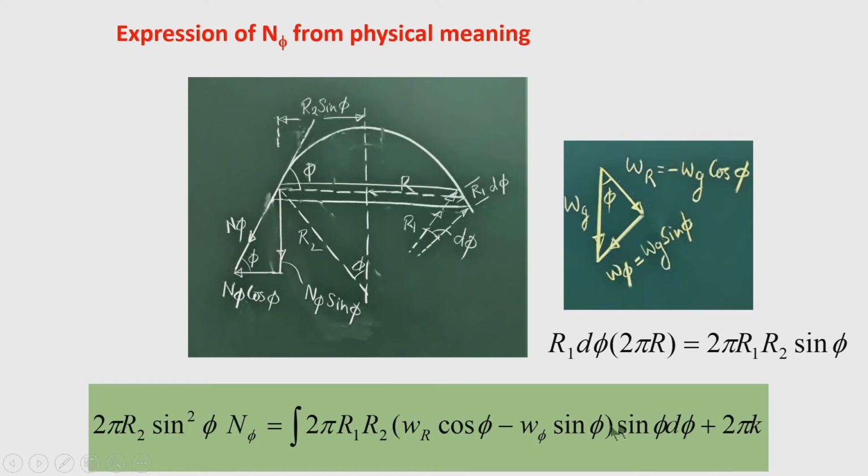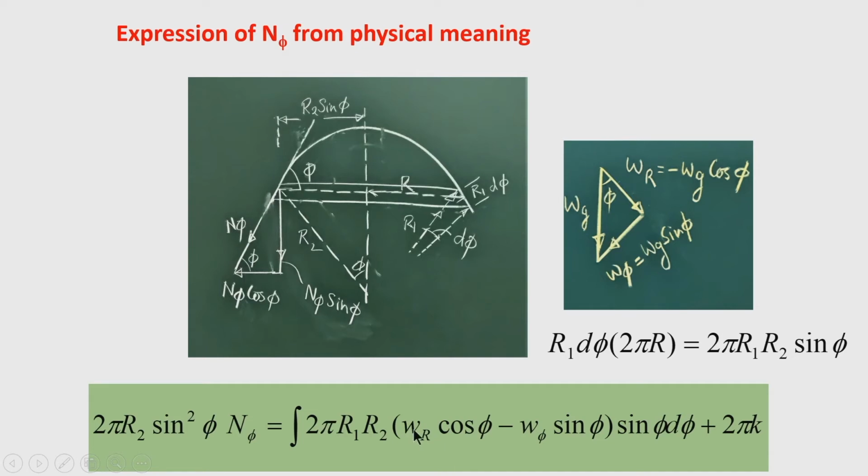Now, inside the parenthesis, let us examine the load components. The load component W_r is W_g cos phi and the load component W_phi is W_g sin phi. Here you can see W_r cos phi is the component of W_r along the vertical direction, and similarly W_phi sin phi is the component of W_phi along the vertical direction.